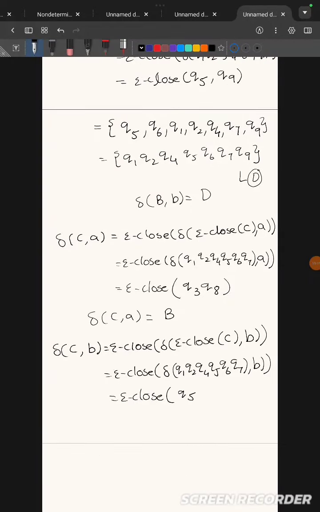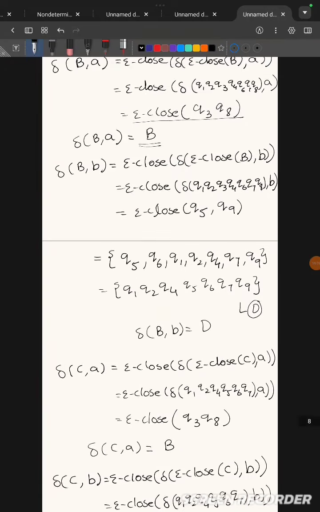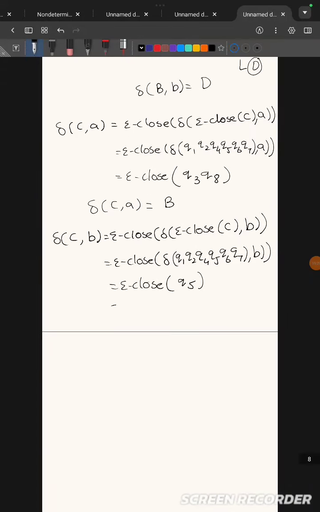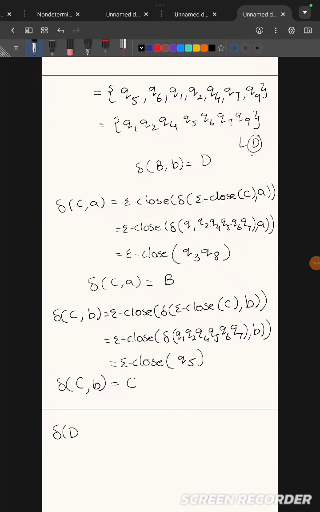Q6 and Q7 don't have a transition for b. Now we find the epsilon closure for Q5, which we have already done. The epsilon closure for Q5 is the state C itself, so we can directly write C. So state C on reading symbol b remains in the same state C. Now we have to find for D, the set of states we found. For that also we have to do both small a and small b symbols and find the transitions.